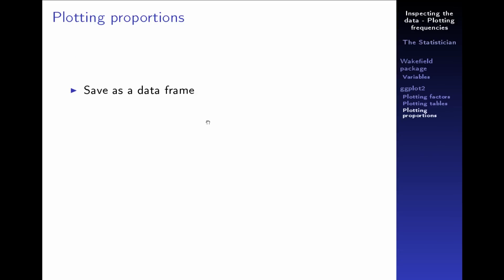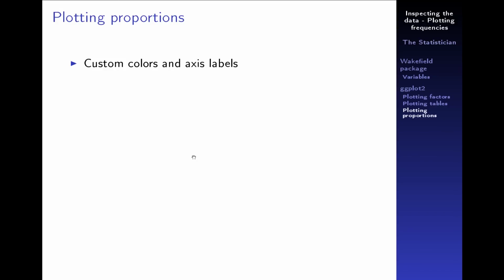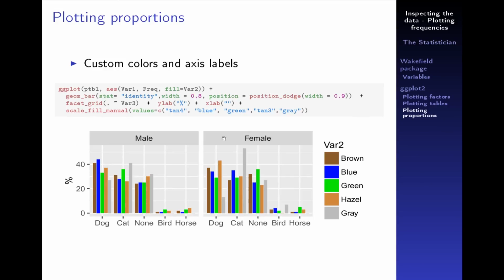Alright, and as a data frame it's very simple. We have yet another variable here which we can use as a facet. So here we have the filling color set to be the eye color, and then the facet grid I've put the gender here, and I have also some custom axes.